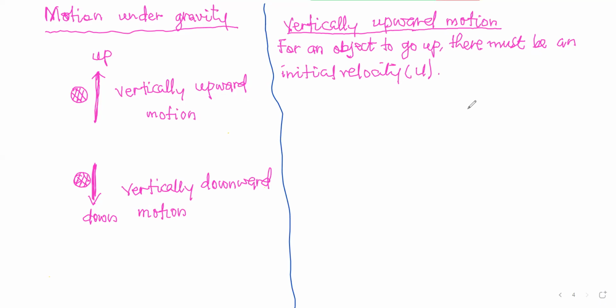So you see, before the object will go up, you must apply a force on the object. So you throw. Throwing it gives it a force. And then there is another natural force which is always pulling an object down, which is gravitational force. So you have two forces wrestling against one another.